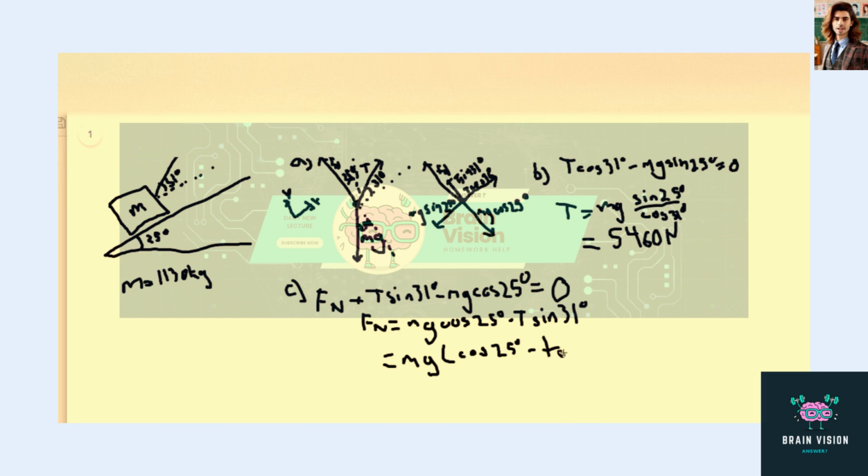So tangent of 31 degrees times the sine of 25 degrees. Again, we now have an expression where we know all the values, so all we have to do is plug those in and round off appropriately, and I get that the normal force of the ramp pushing back up on the car is 7,220 newtons.